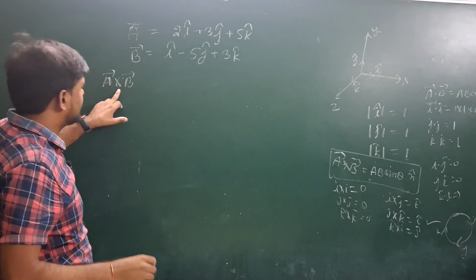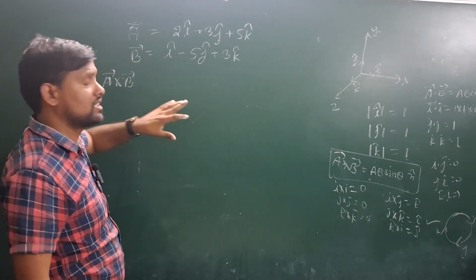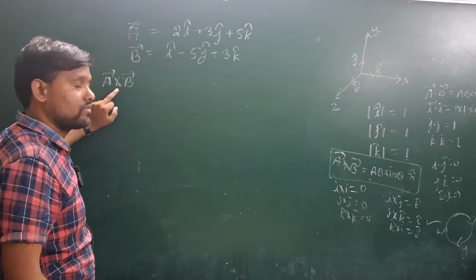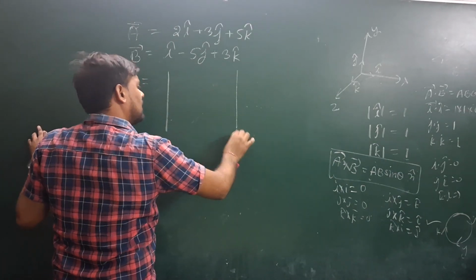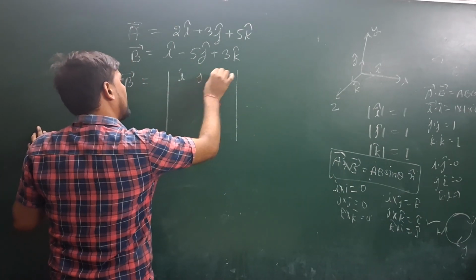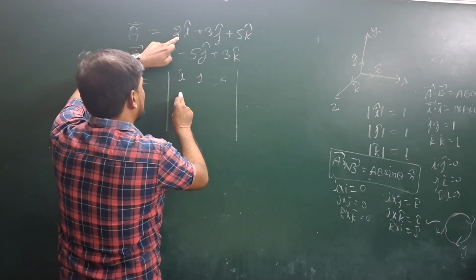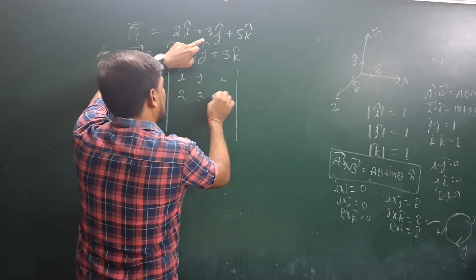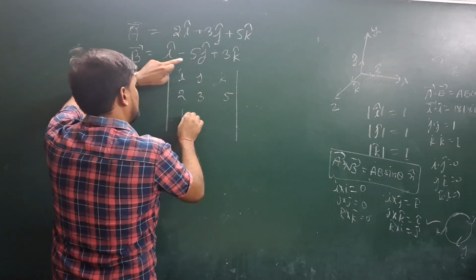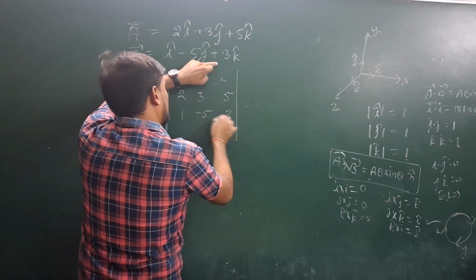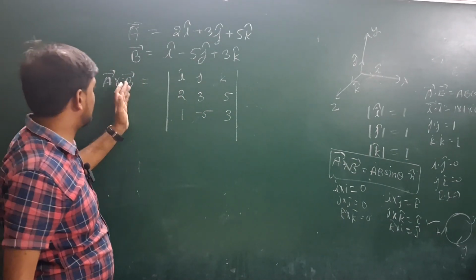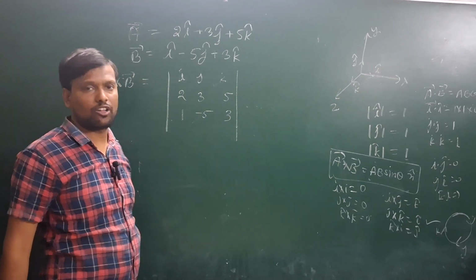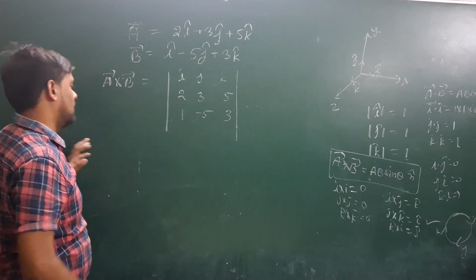The vector product is represented by the cross product, and in the matrix method we write I, J, and K, the coefficients of vector A which are 2, 3, 5, and 1, minus 5 and 3. By solving the matrix, we get the result of A cross B.